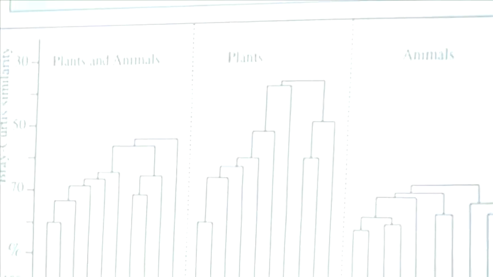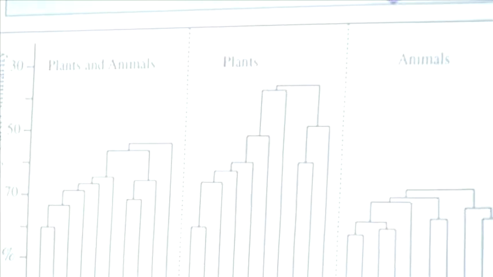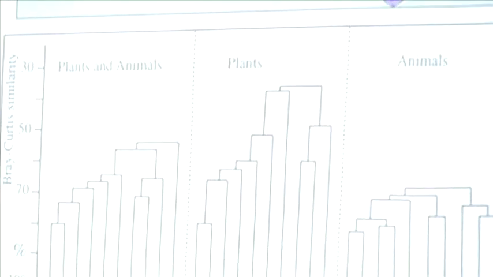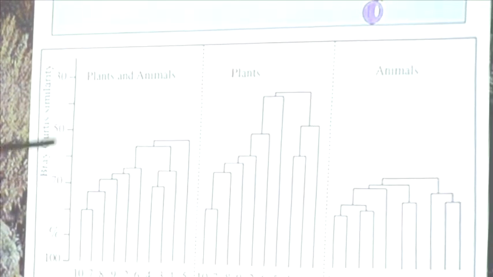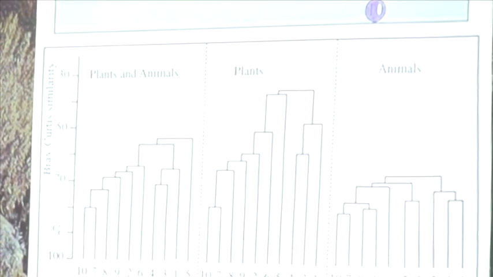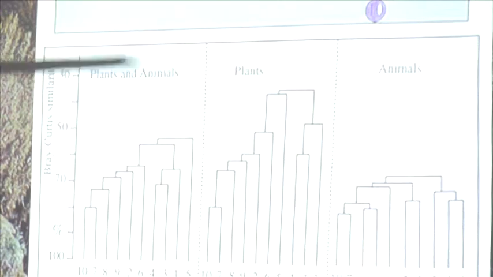What are you talking about? Similar in what aspects? Similar in species composition and biomass, for instance. So they have the same number or same amount of species, and also the proportion between species is the same. So you can put in abundance, or biomass or whatever in these graphs.